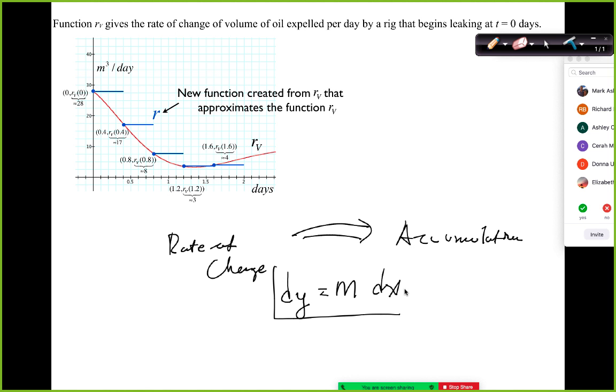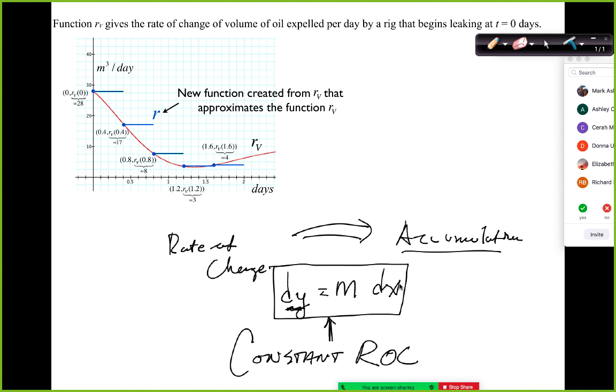This is how we can generate variations in our quantity and then start adding these up for accumulation, right? What does this depend on? Constant rate of change.